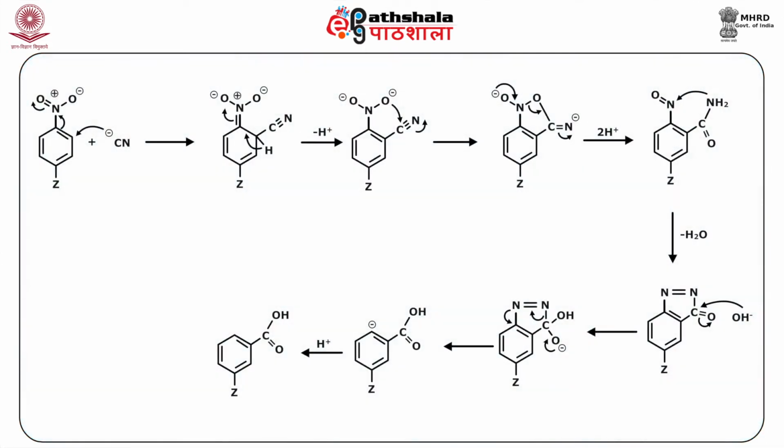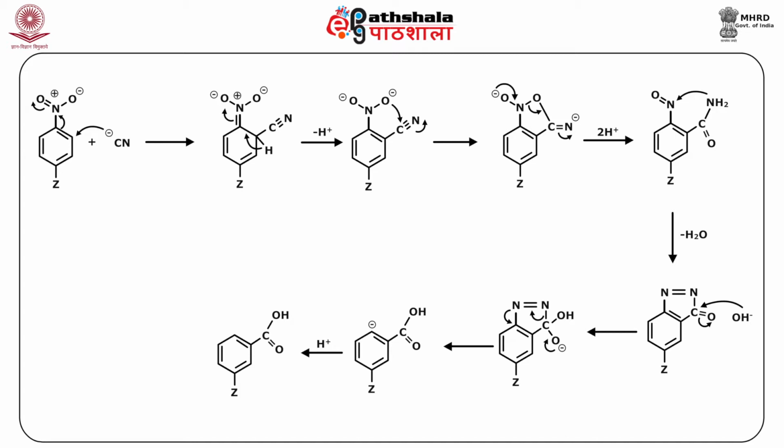The reaction proceeds via nucleophilic attack of cyanide ion ortho to the nitro group, followed by an intramolecular rearrangement, as you can see. Now see the attack of the cyanide ion primarily at the ortho position to the present nitro group on nitrobenzene, substituted at the para position with a Z group, which is preferably an electron withdrawing group.